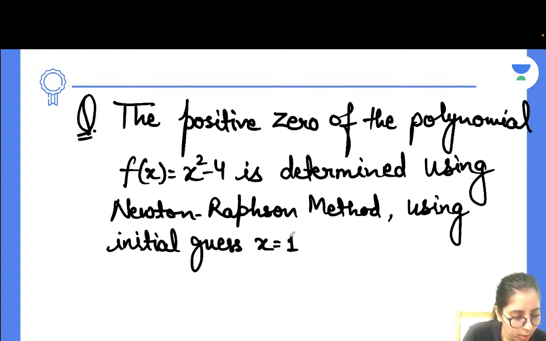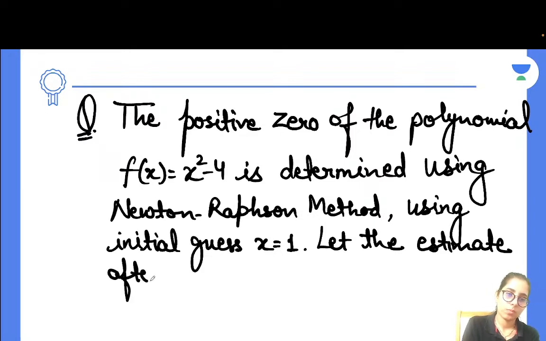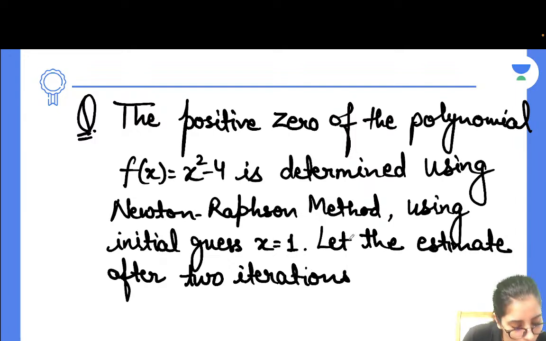Let the estimate after two iterations be x2.